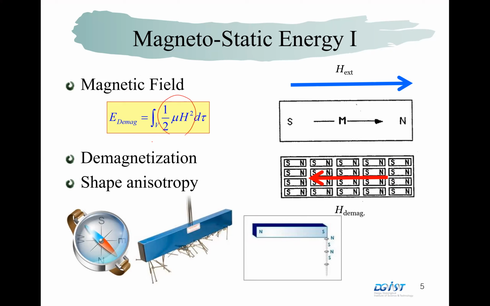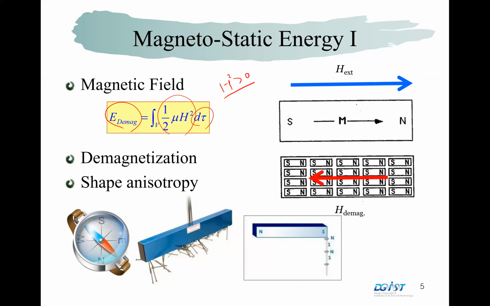The integrand is H squared, so it is always positive. To reduce this total demagnetization energy, what you can do is reduce the magnitude of H, or minimize the volume where the magnetic field exists.